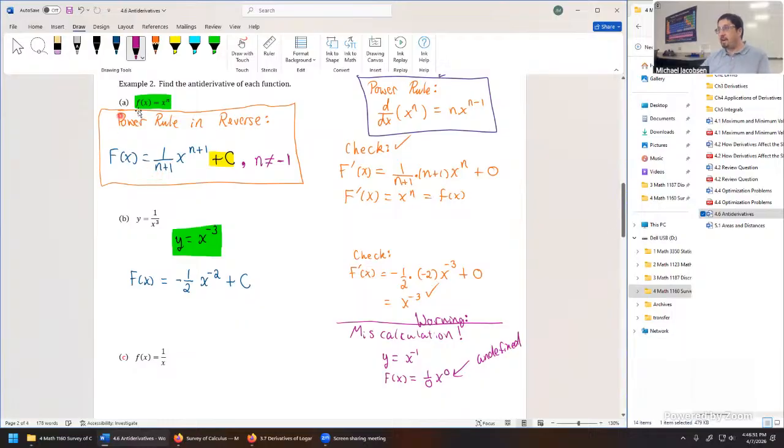In other words, the power rule in reverse completely and utterly fails the moment the exponent n comes out as a -1, and that's where it is right here, a -1. Power rule in reverse does not work on this one and only one power function. It's a complete breakdown.